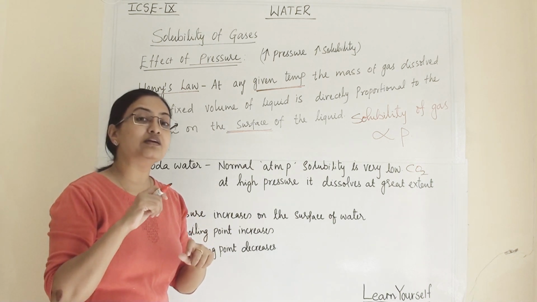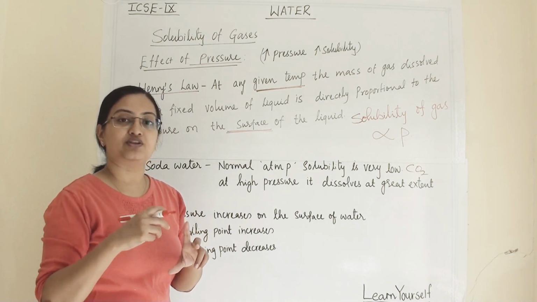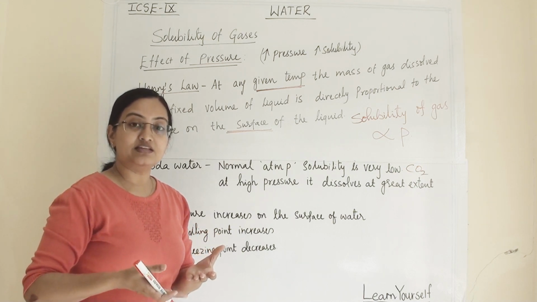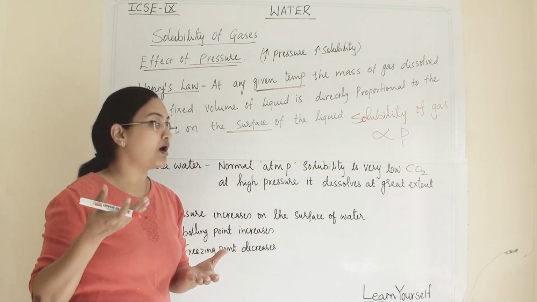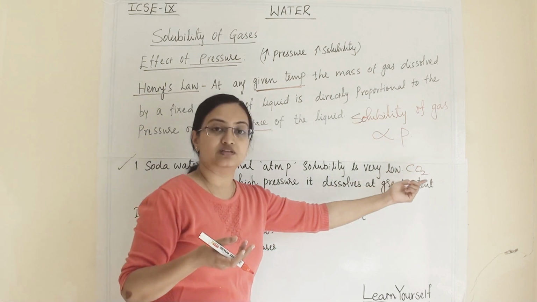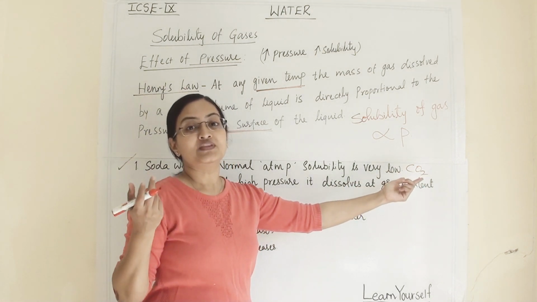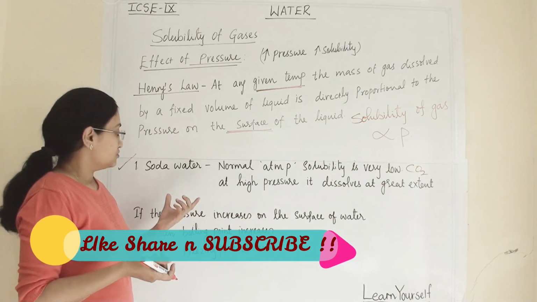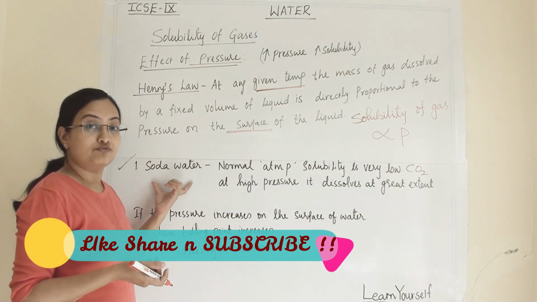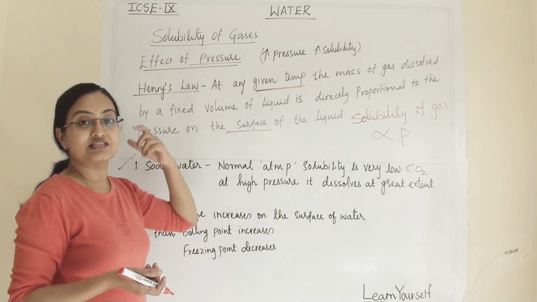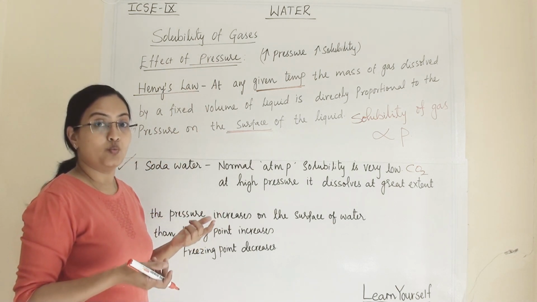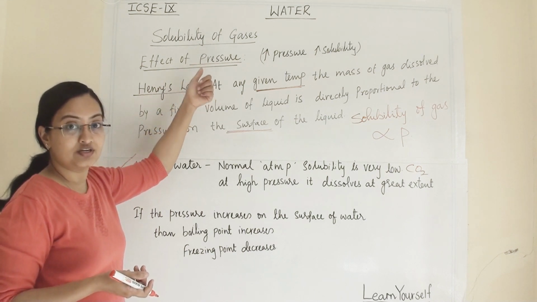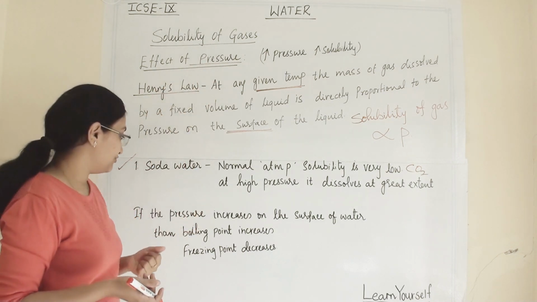When we open the cap of the bottle, that pressure is released, and the carbon dioxide that was dissolved in the liquid bubbles out and evolves from the bottle. This is a good example of the effect of pressure on the solubility of gases.